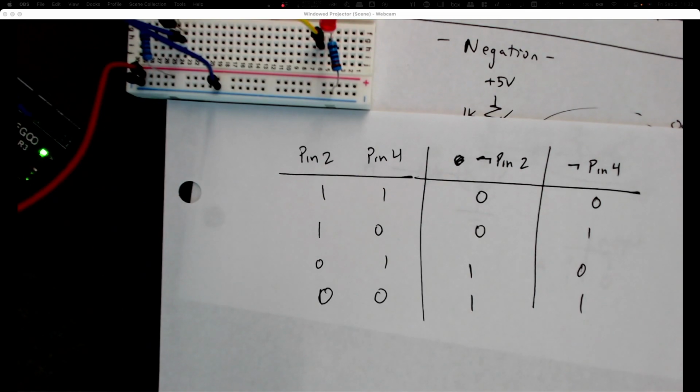Okay. Then we need from the collector of the transistor. There we go. Sometimes these don't like to go in. To ground, which we have up here. Okay.